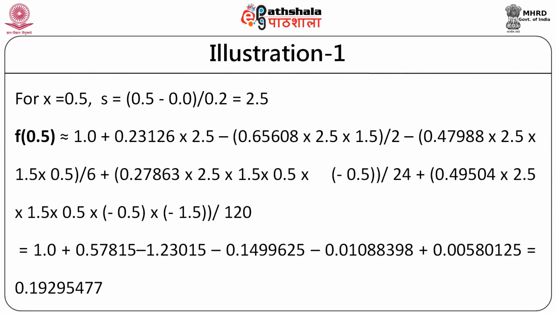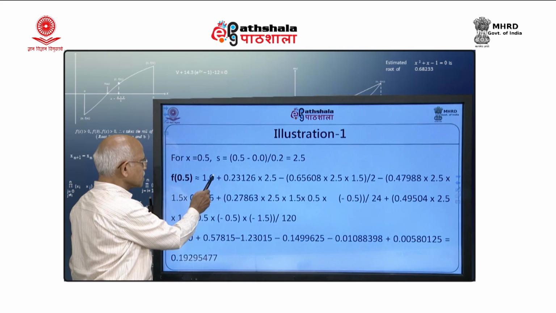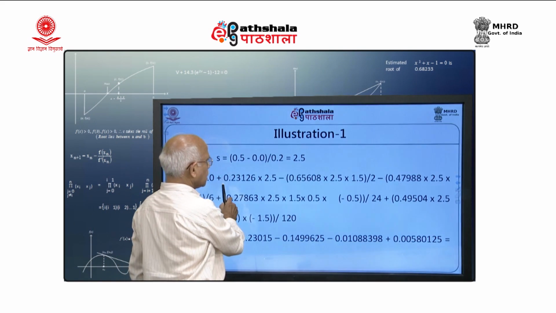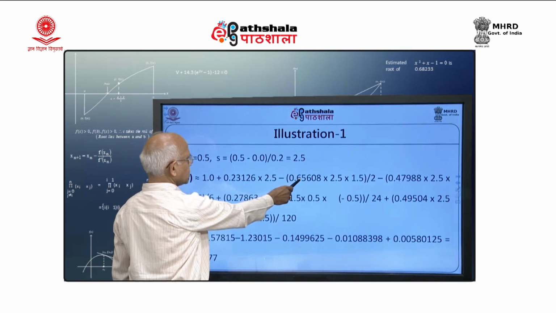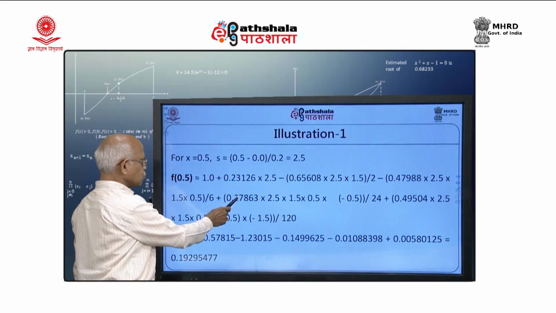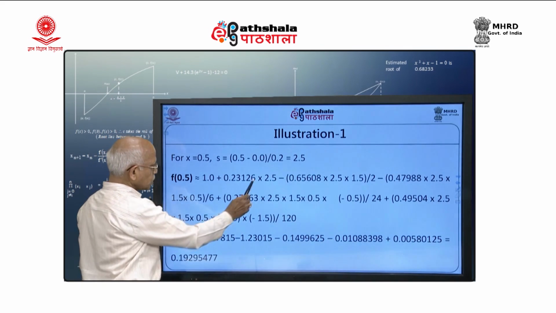Similarly, at 0.5, the only thing I have to change now is x is 0.5, so s will change to 2.5 and the formula remains the same. You can see that these coefficients here are the same as the previous ones, and the other coefficients will also be the same, only this factor will change.